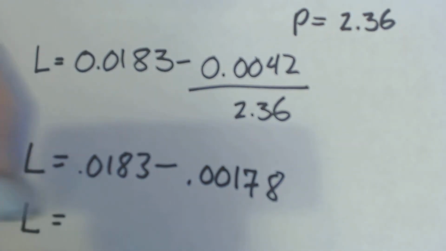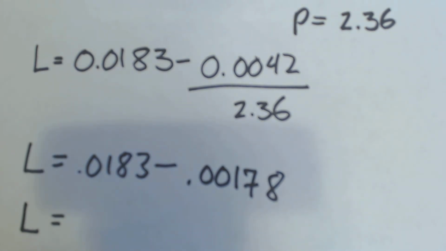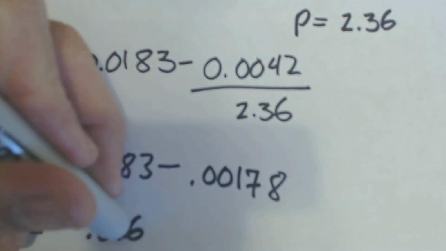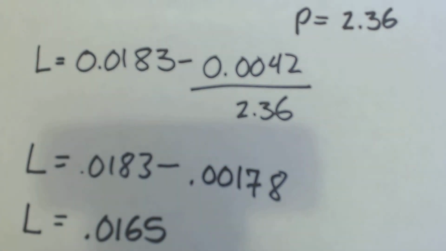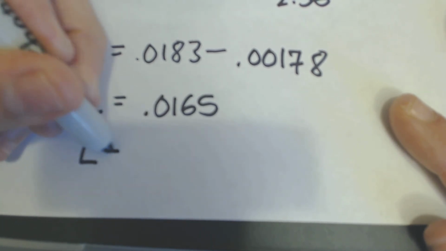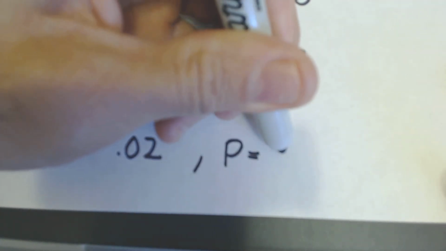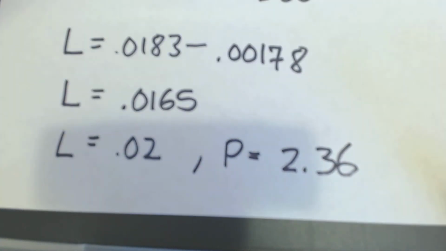So then L is going to equal 0.0183 minus 0.00178. So it's going to equal 0.0165, and it said find the equilibrium level of total pollution to 2 decimal places. So let's round up here to 0.02 for L. So L is 0.02 and P equals 2.36.